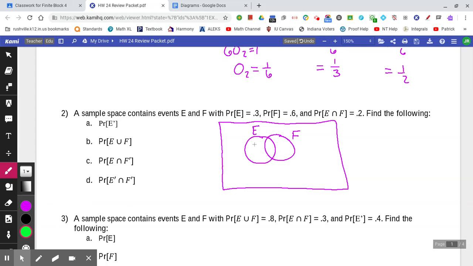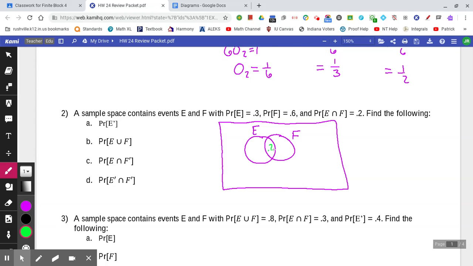Had it said that these 2 events were mutually exclusive, I would have drawn these 2 circles so they did not overlap, which would mean the probability of E and F would be equal to 0. If it tells you that they're independent, it could be mutually exclusive, or you could draw them like this. You just have to use that independence formula, which we'll probably use sometime later in this. So anyway, I drew it overlapping because the probability of the overlap is 0.2.